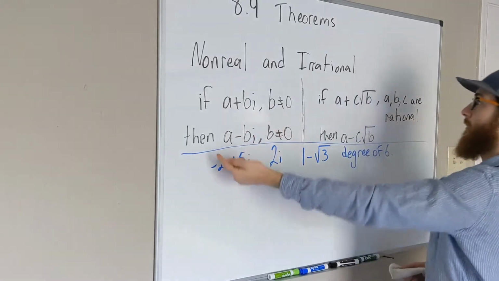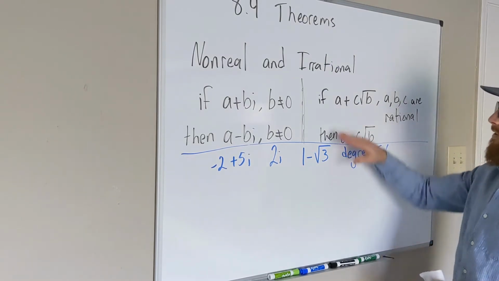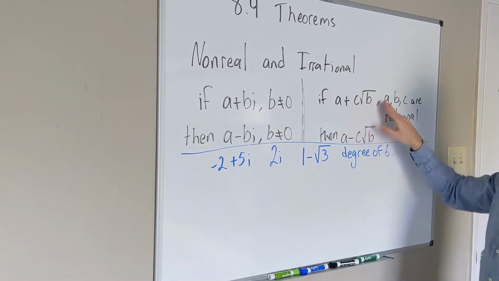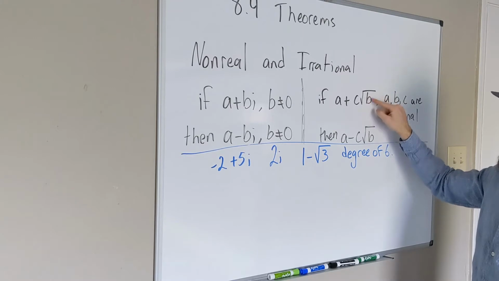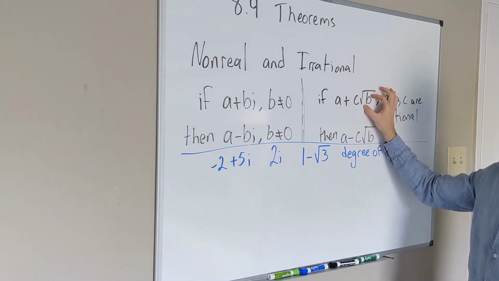Now, moving to irrational, that same kind of idea applies. If a plus c square root of b, where a, b, and c are rational numbers, and obviously b is not a perfect square, or they wouldn't have written square root of b.